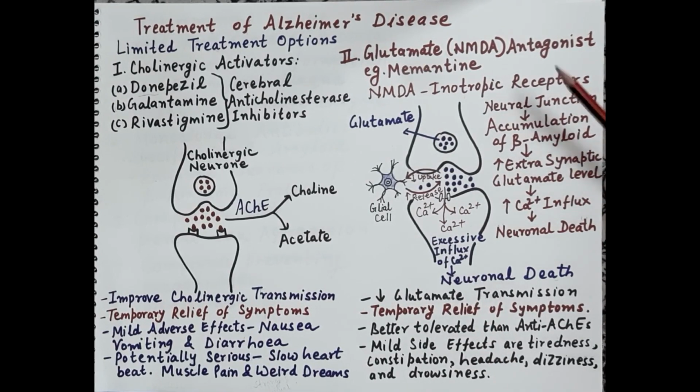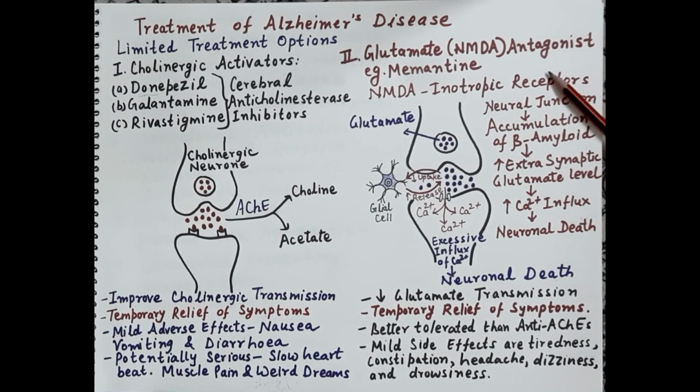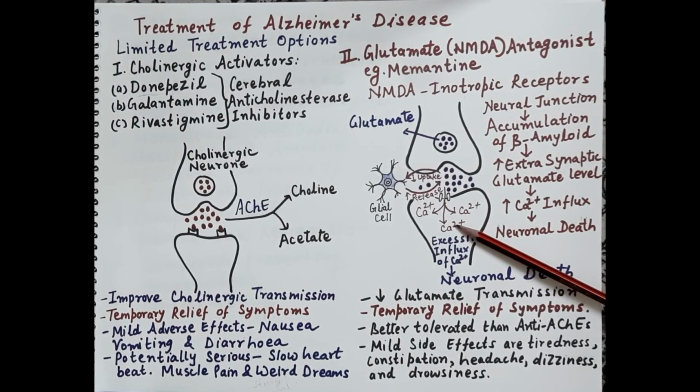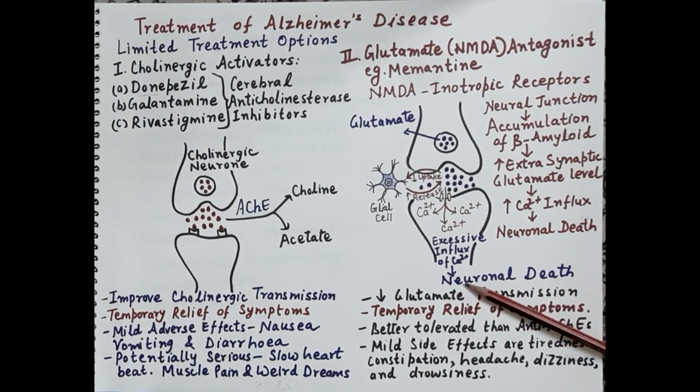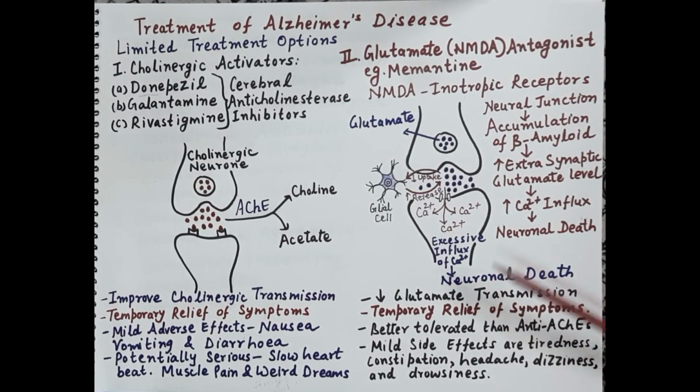Therefore this drug, memantine, is a glutamate NMDA receptor antagonist. It blocks these receptors and prevents the excessive influx of calcium ions. Thereby it tries to stop the neuronal death. So this drug reduces the glutamate transmission.